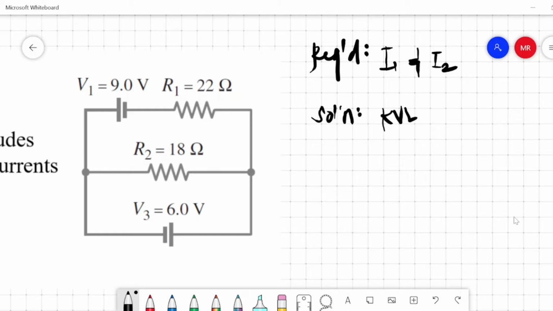Therefore, we need two equations so that we can solve simultaneously for I1 and I2. If we use Kirchhoff's voltage law, then we need to assign the positive and the negative terminals for these elements, for the voltages and the resistors.